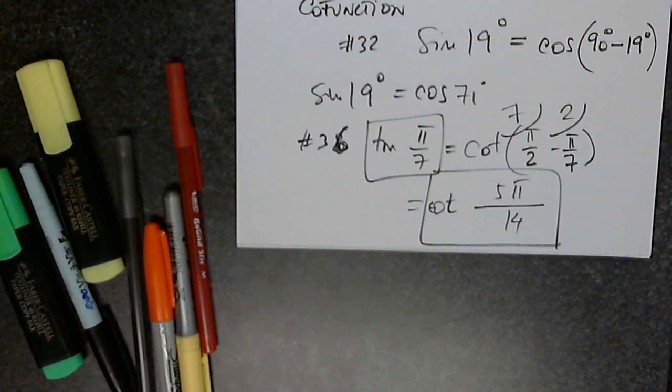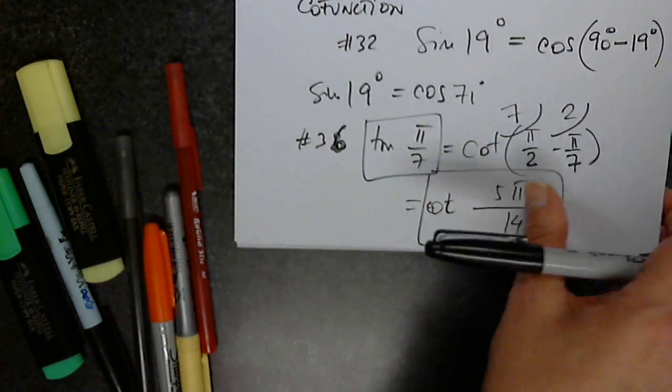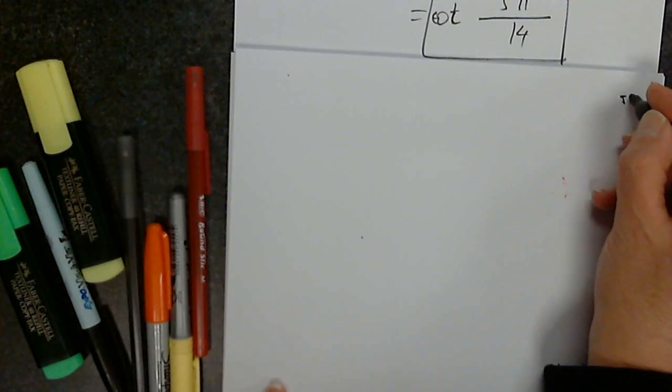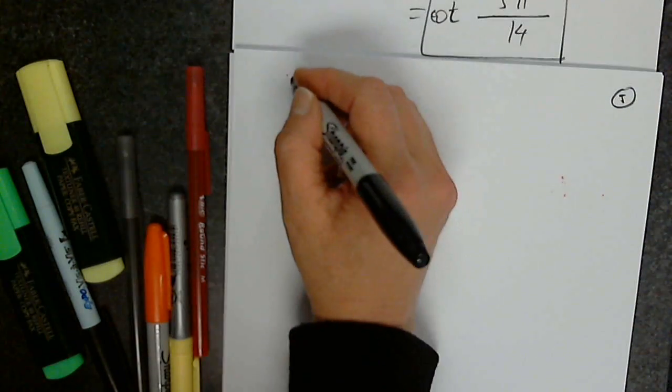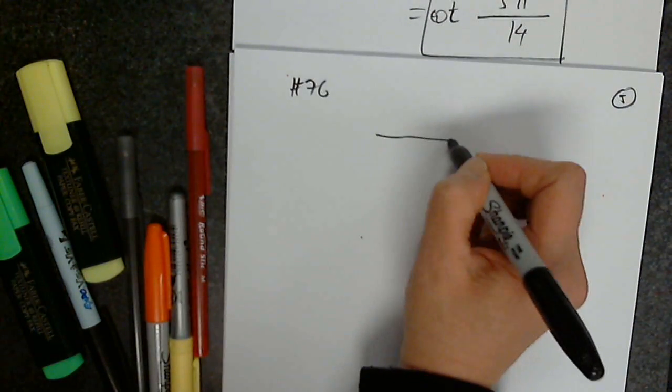Let's solve a right triangle problem. Let me look for, yes, 76 on 547. If it's a homework problem, lucky you. So 76.